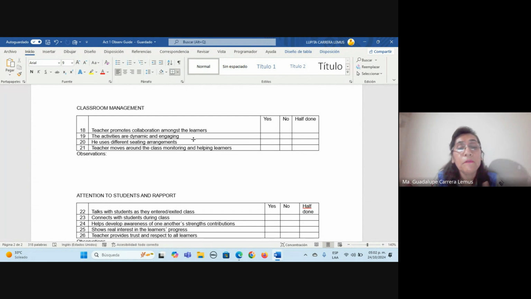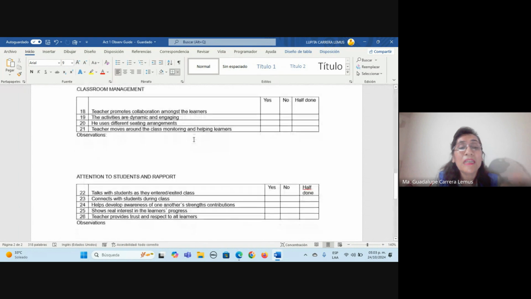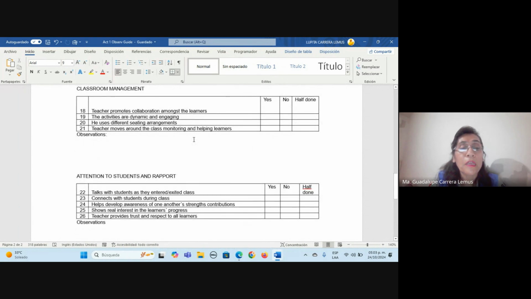So he has to use different arrangements because that also motivates students and promotes collaboration among the learners. And the teacher also has to be moving around the classroom, monitoring and helping learners with everything, with information, with the new knowledge, maybe repeating instructions, or just making sure that the students are working.